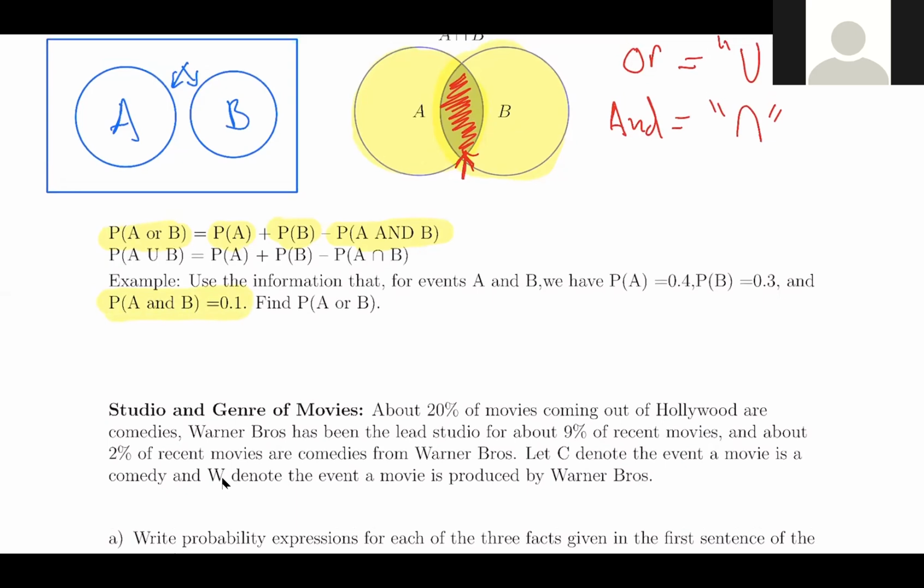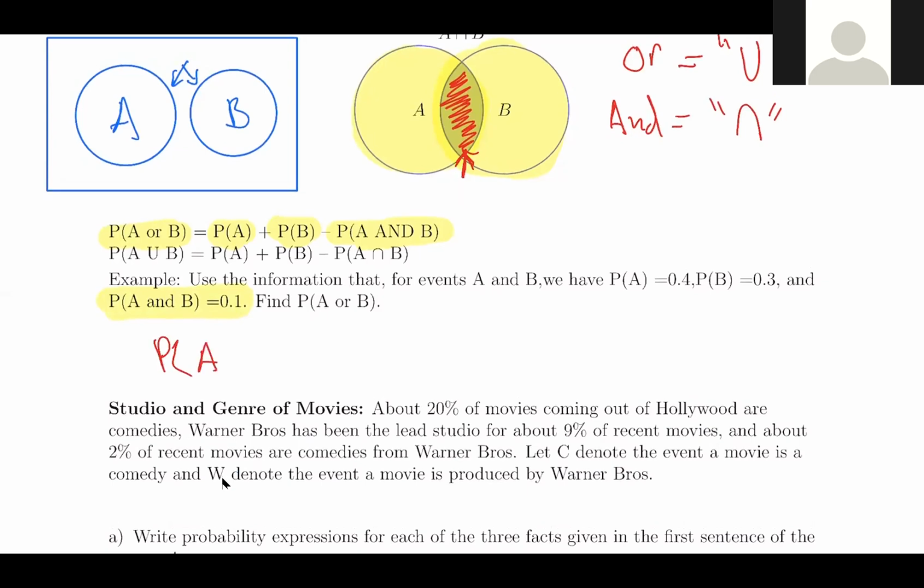So we're going to say the probability of A or B is equal to the probability of A, which they already told us is 0.4. Then they tell us the probability of B is 0.3. And then lastly, they tell us the probability of A and B is 0.1, which we subtract.